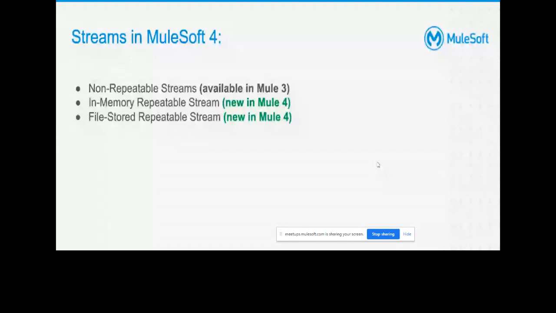So once it is done and being utilized, you cannot use it again. This used to create a lot of issues in MuleSoft 3. Though we were making the processing very efficient, sometimes we might need to use that stream again in the process. So that was the disadvantage of non-repeatable streams.